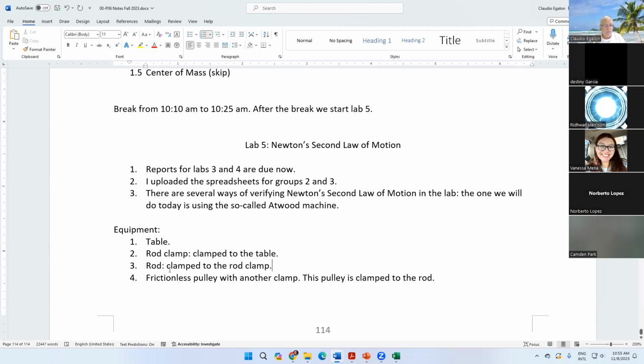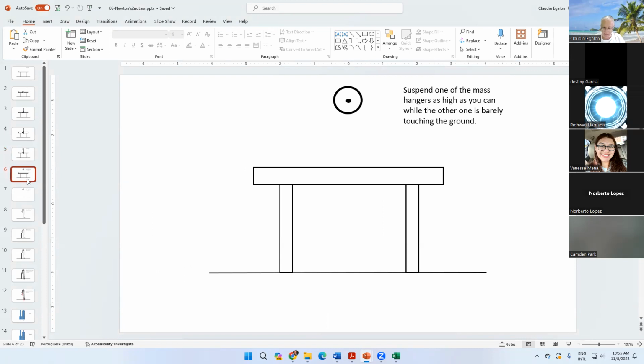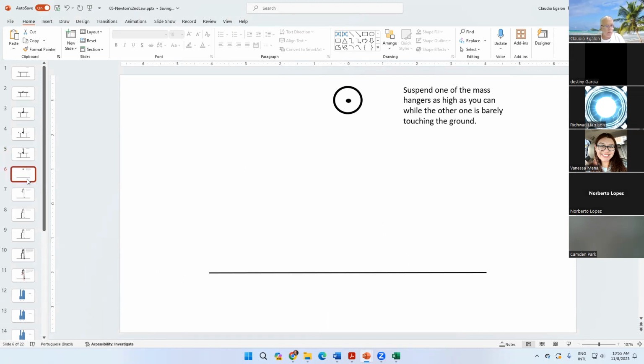Right? Frictionless pulley with another clamp. This pulley is clamped to the top of the rod. What's next? I don't need that anymore.